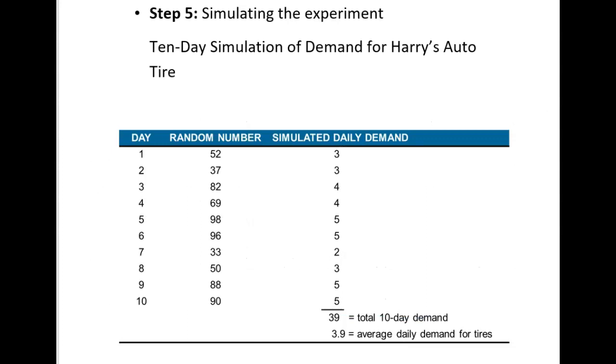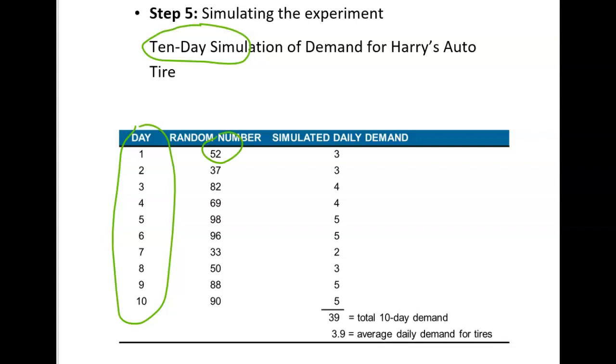Finally, we can simulate this experiment. In this example, you have to simulate the demand for 10 days for this shop. You list down from day 1 until day 10, and starting from day 1, you will use the random numbers from the random number table.